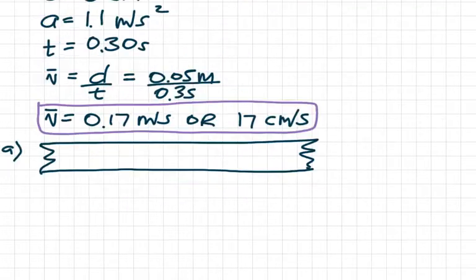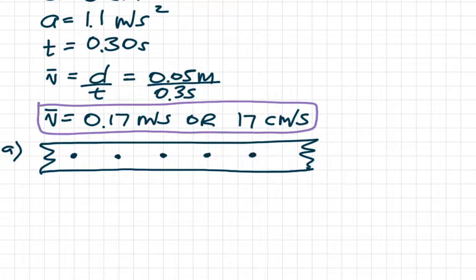Alright, number 9. On another strip of paper, they want us to show a constant velocity. A constant velocity would mean that the d over t is the same. For every interval of time, you're going to have the same position change. So if I start with the first dot right there, as time goes on, it's going to be the same amount every time.